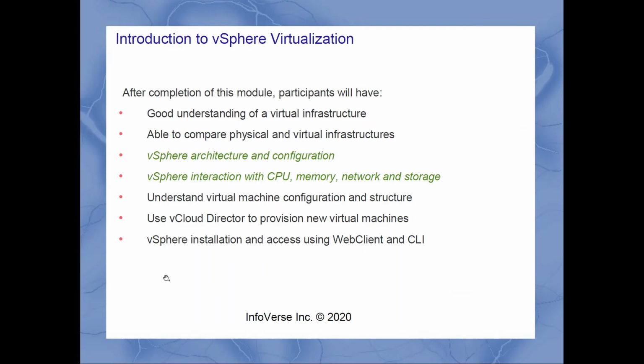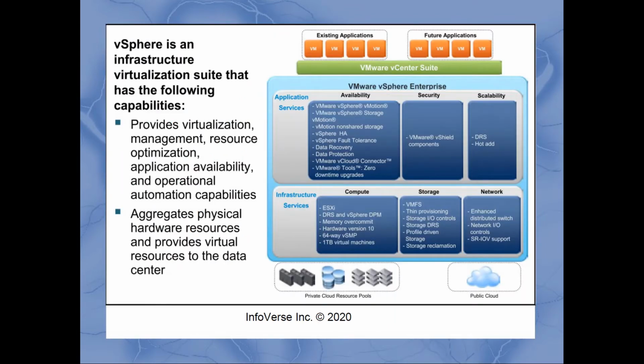So let's get started. In this module we will talk about vSphere architecture and configuration, vSphere interaction with CPU, memory, network and storage. So vSphere, we're looking at the whole ecosystem. When we say vSphere, it is comprised of a number of different components.